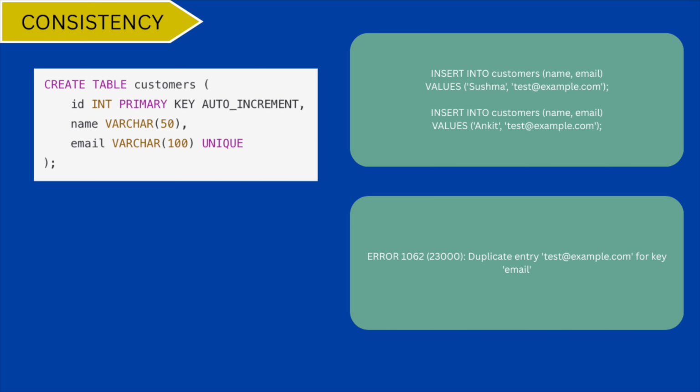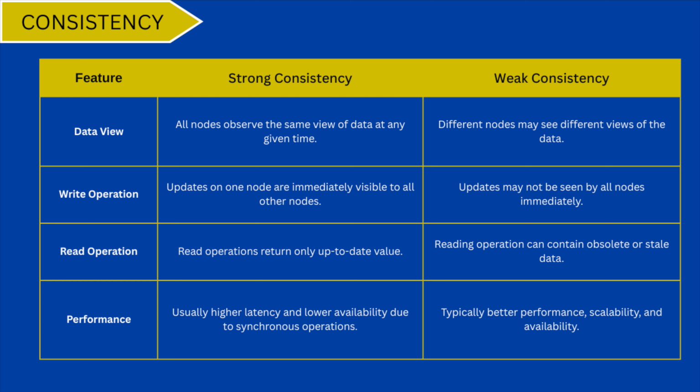So when can you say that there is strong consistency in MySQL? In four categories I have mentioned. First, data view: all nodes observe the same view of data at any given time, it's not that different nodes are giving different data. That would be weak consistency.